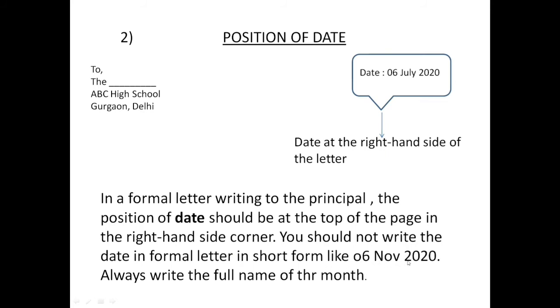The receiver's address is at the top left hand corner, and the date is at the top right hand corner, which is already given there in the box. You should not write the date in short form like 6 Nov 2020 or 2021. Always write the full name of the month.